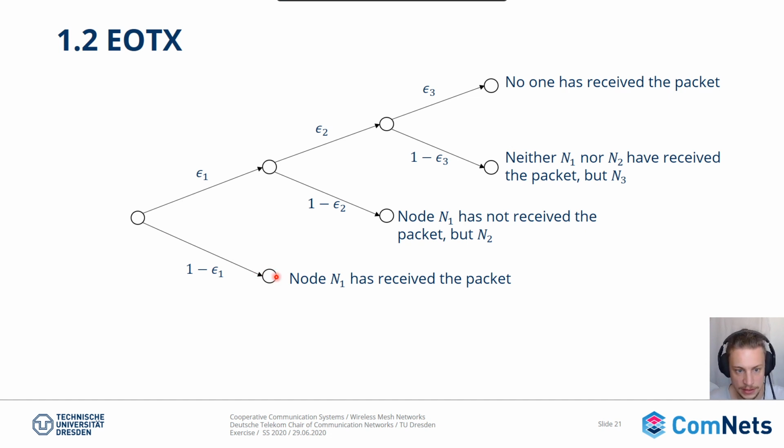This is already one of the interesting outcomes. If it doesn't receive the packet, then node 2 might receive the packet, which would be an interesting outcome, again for node 3. And so the only case of failure is this one, no one receives the packet.